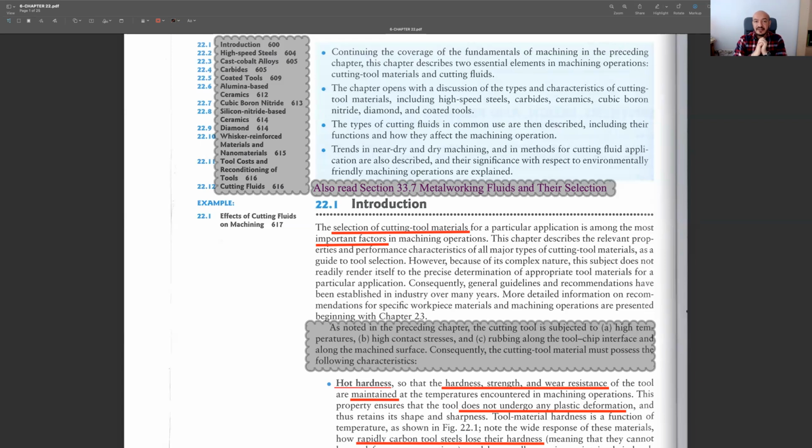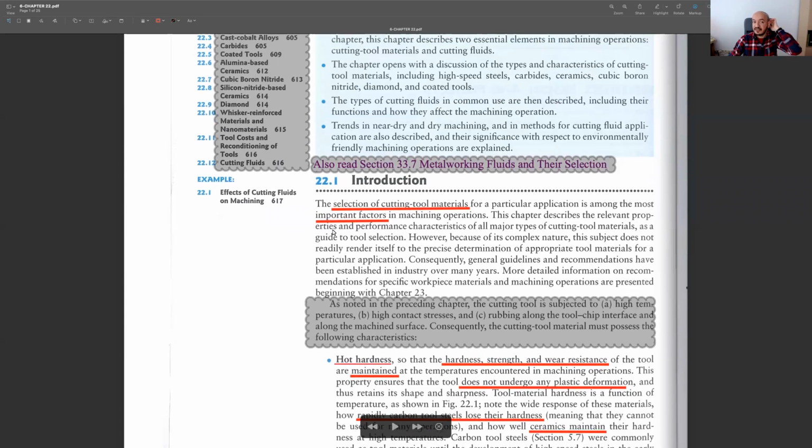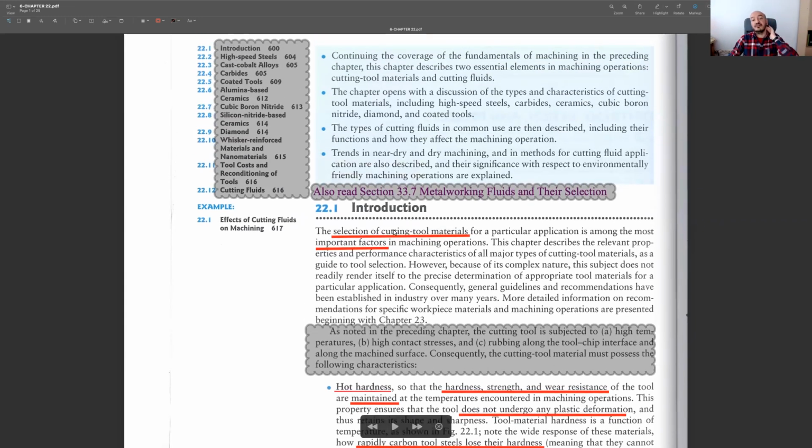So in summary, there are two main requirements in a machining operation. The first one is we need to have relative motion between the cutting tool and the workpiece. And the other one is that the cutting tool should be harder than the workpiece material. And that's why we will spend some time on the types of cutting tool materials. You need to select the right cutting tool material for your application.